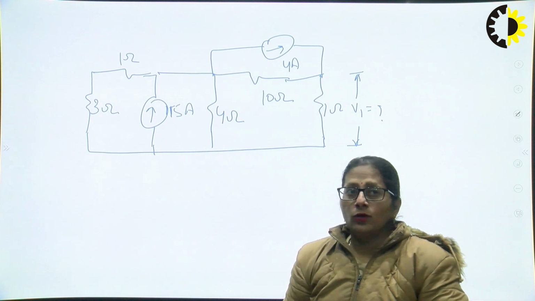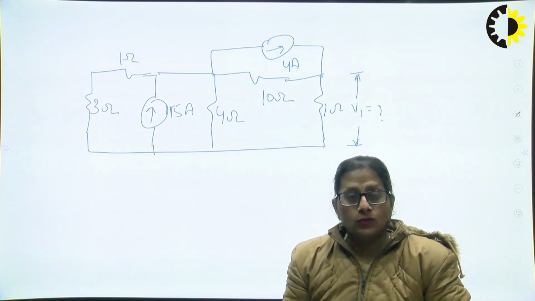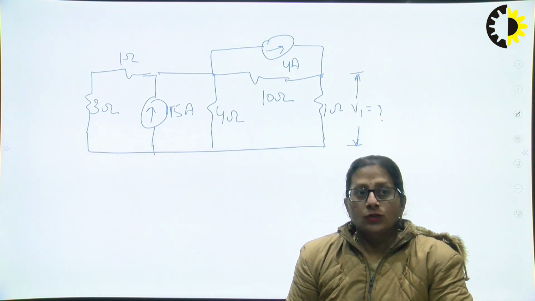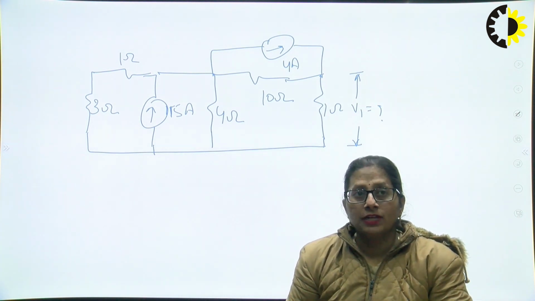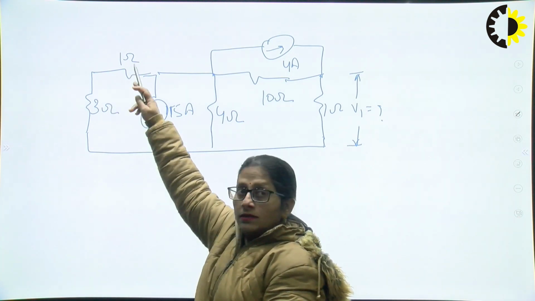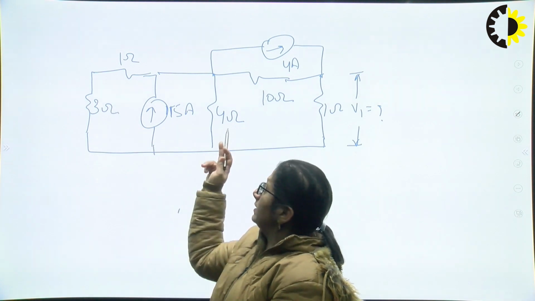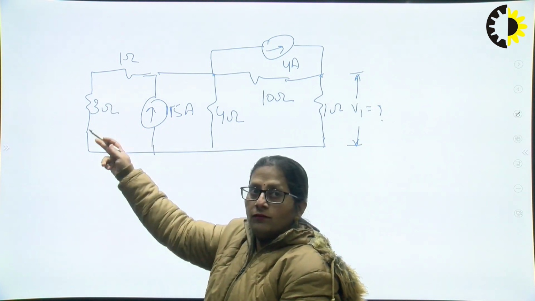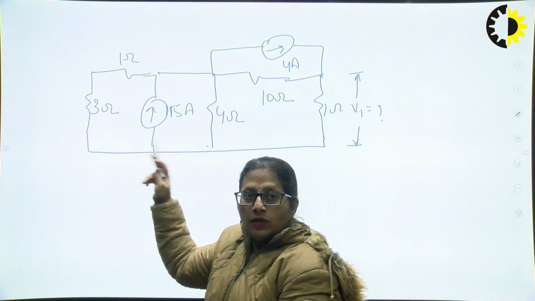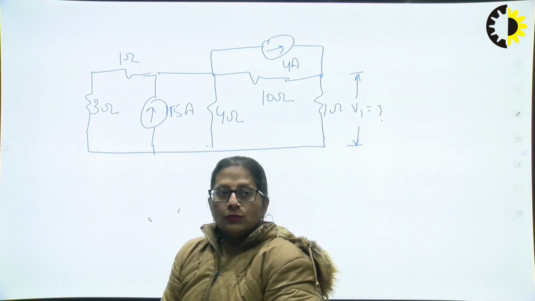So once again, where are the chances of applying source transformation? Now this 3 and 1 are in series, so they can be clubbed to make 4, and this 4. All the 3 branches are in parallel. 4 and 4 in parallel, the equivalent resistance would be 2.